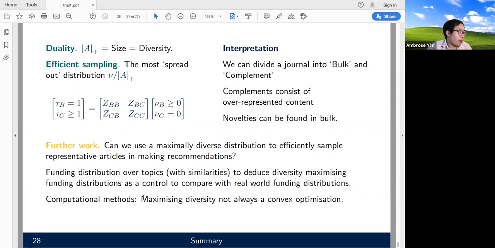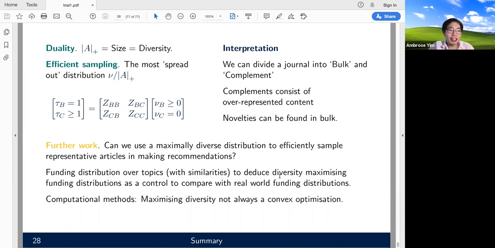And finally, from a mathematical point of view, actually computing these things is quite tricky. We say that this maximal diversity is the result of optimizing a diversity index. These optimization problems are not always convex, which means, you could read convex optimization as easy optimization problems, and those that are not convex are hard ones.